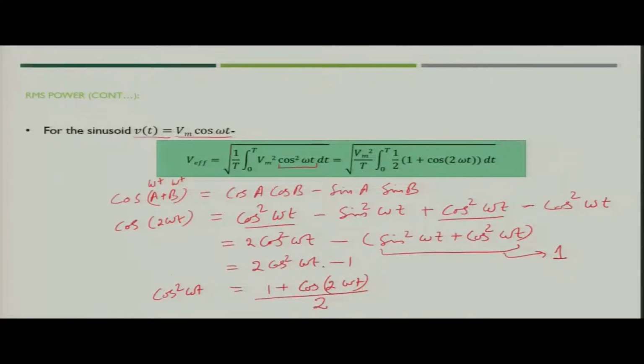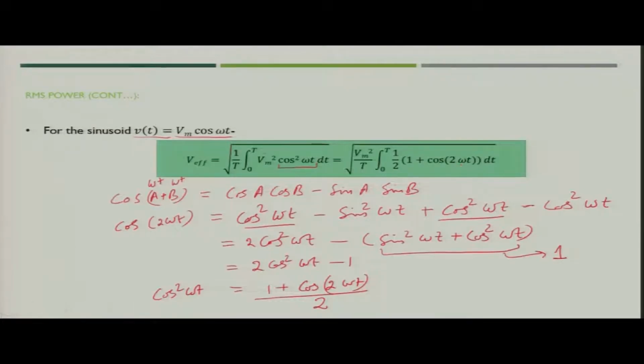So, this value which we have just derived, you can put in place of cos square omega t. Since Vm is the constant term, you can take it out of the integral, it will become Vm square by T integral 0 to T of 1 by 2 times 1 plus cos 2 omega t dt.